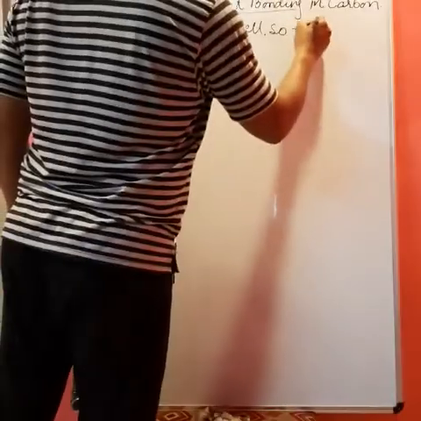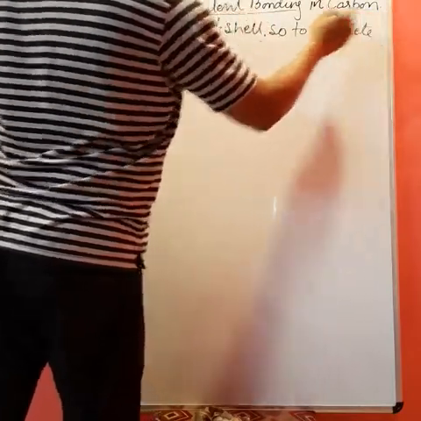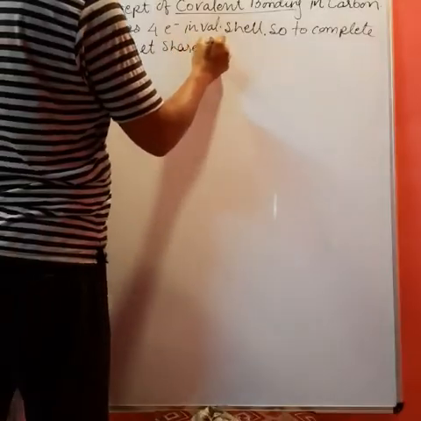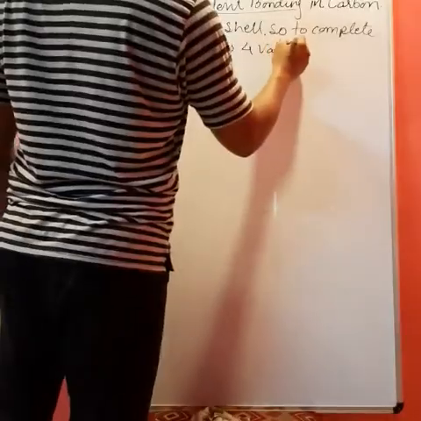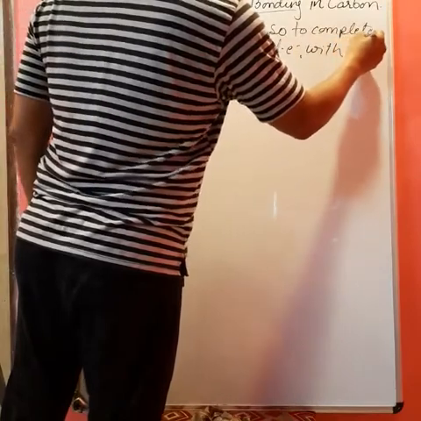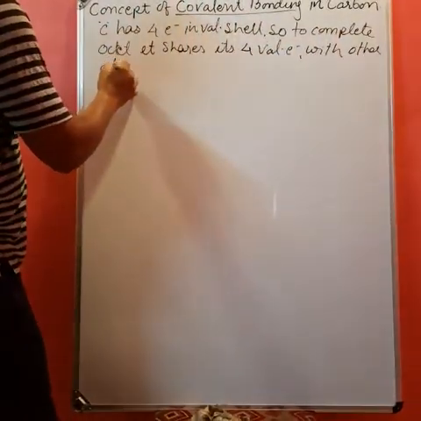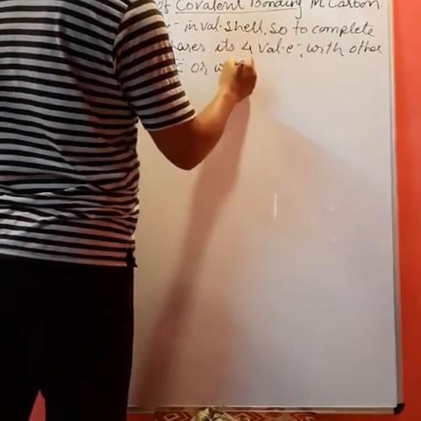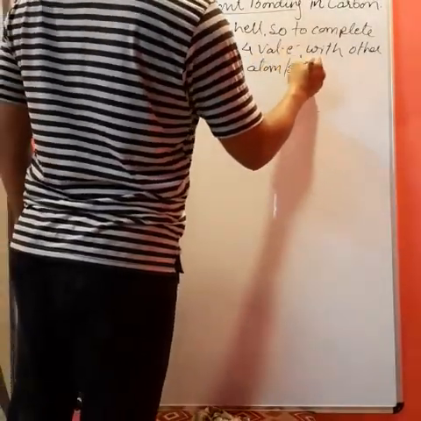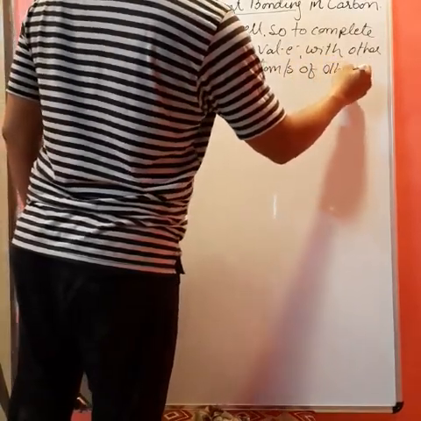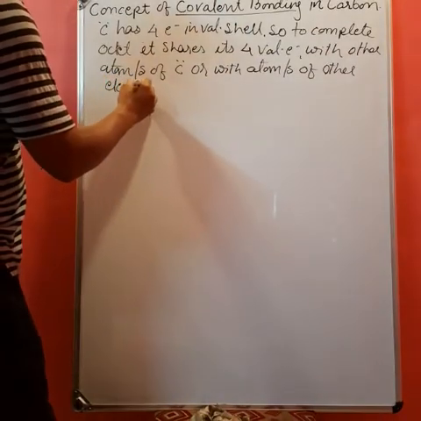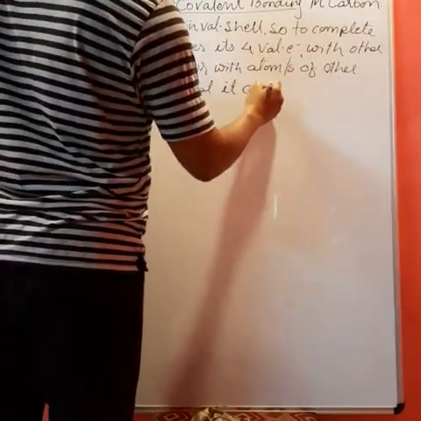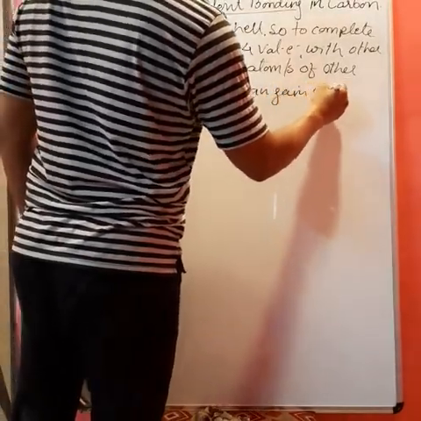So to complete its octet, it shares its 4 valence electrons with other atoms of carbon, or with atom or atoms of other elements, so that it can gain an octet.